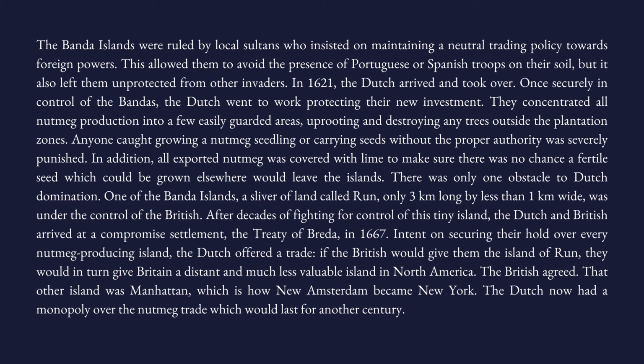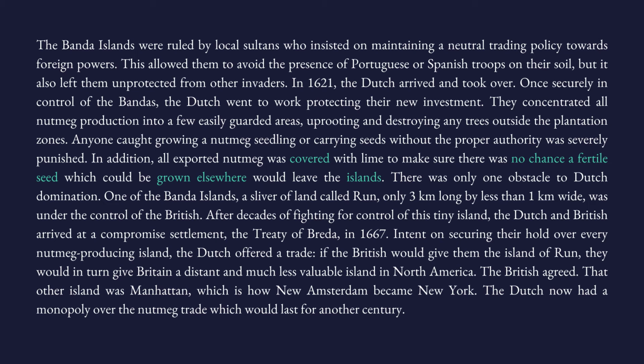Let's go to the passage. And here is the answer in paragraph 5. So the keywords are these: covered, no chance a fertile seed which could be grown elsewhere would leave the island. So basically what we just said, they didn't want others to be able to grow nutmegs.